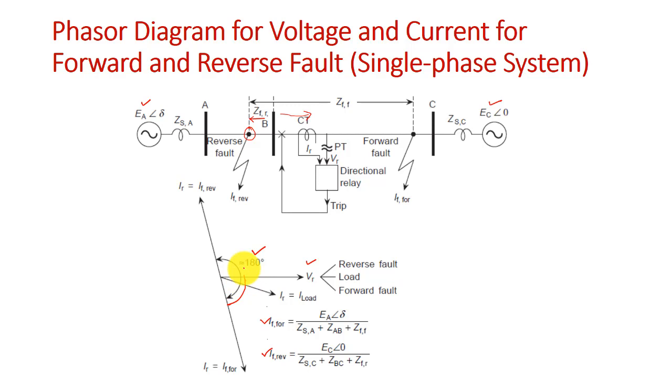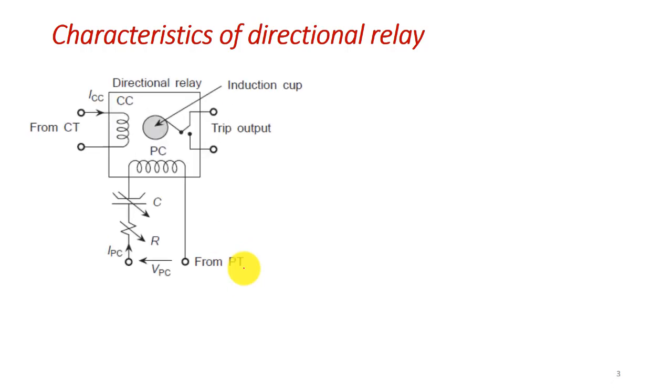So now let us see the characteristics of the directional overcurrent relay, and we have already seen this in the last class also, right? Here a directional relay is shown, and it is fed by a CT, that is, the current at the relay location IR.